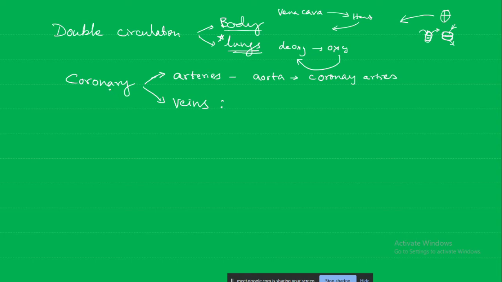Thank you, sir. Now, in the coronary veins, the oxygenated blood that has gone through the coronary arteries also gets deoxygenated, and has to get back into the circulation. For that there is a coronary sinus.